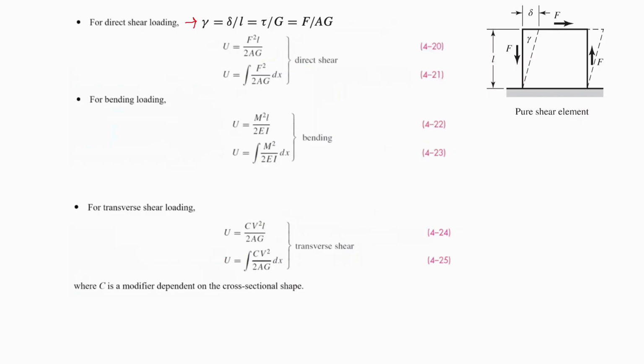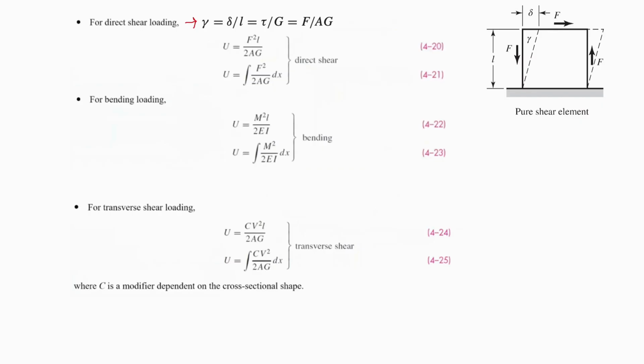And we also know that the strain energy in general, as we have analyzed on the previous slide, the strain energy U is equal to F squared over 2K. Now, we can replace this K by F over delta, and the delta can be replaced by FL over AG.